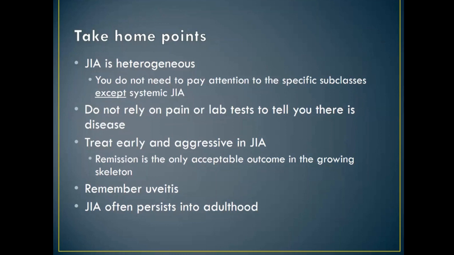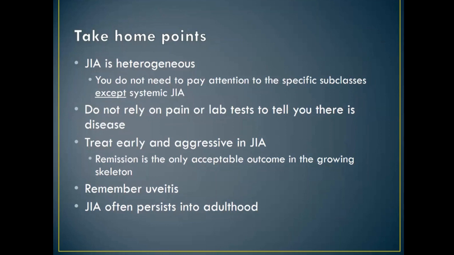The only subclass to really pay attention to is systemic juvenile arthritis. And normally, we wouldn't even be talking about systemic juvenile arthritis along with regular juvenile arthritis because they're very different diseases. As they share that name, juvenile arthritis, we talk about them together.